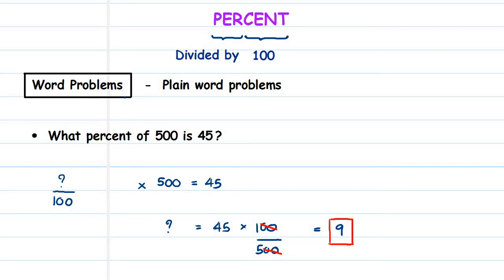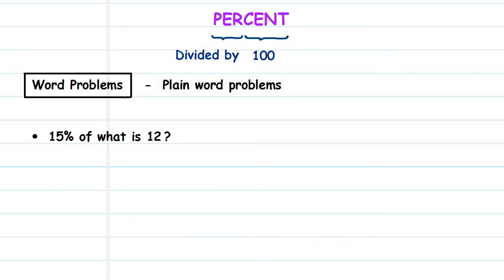Let's try a couple more. For this one, 15% of what is 12? Again, let's try the same approach. 15% means 15 divided by 100. Of means multiply. What is question mark. Is means equal. 12 means 12. So they're looking for the question mark, which is going to be equal to 12 times 100 divided by 15.